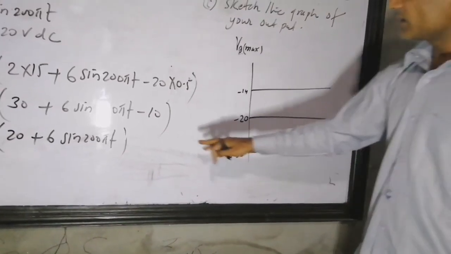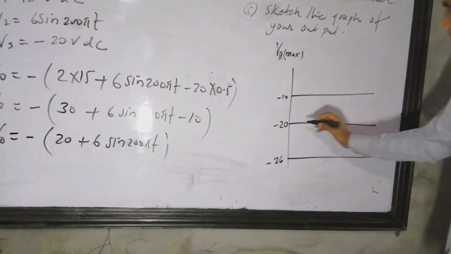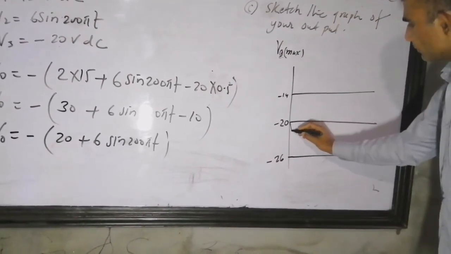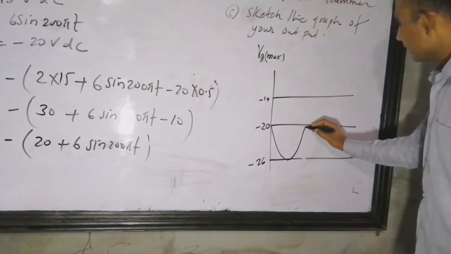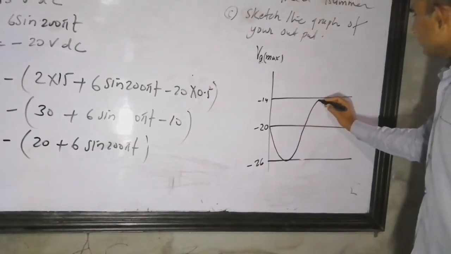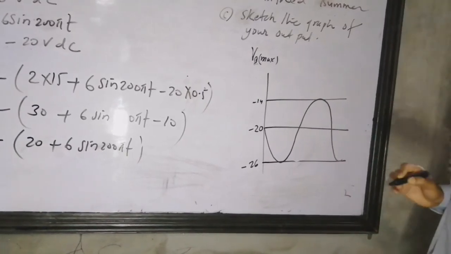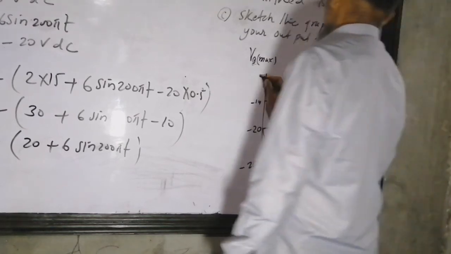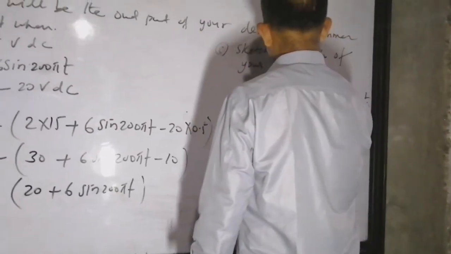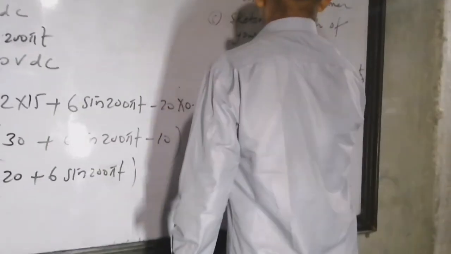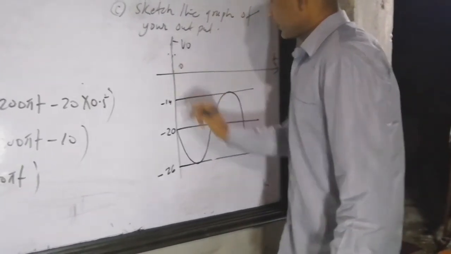And our graph is simply sinusoidal, so our curve looks like this. It goes from minus 20 to minus 26, and then again increases and becomes minus 14, and goes on oscillating. This is the time axis, and this is our V out, and this is the origin.